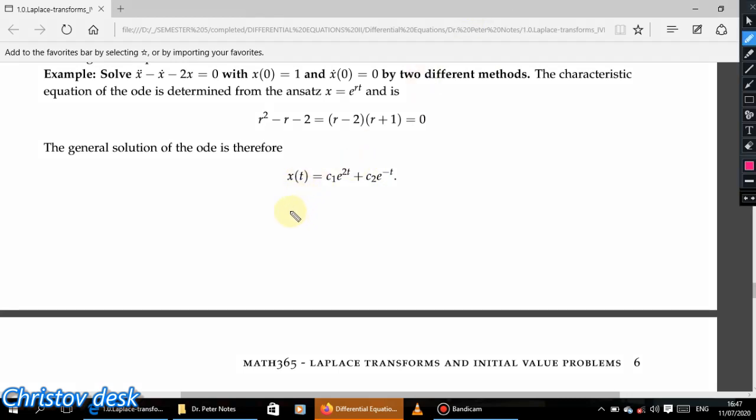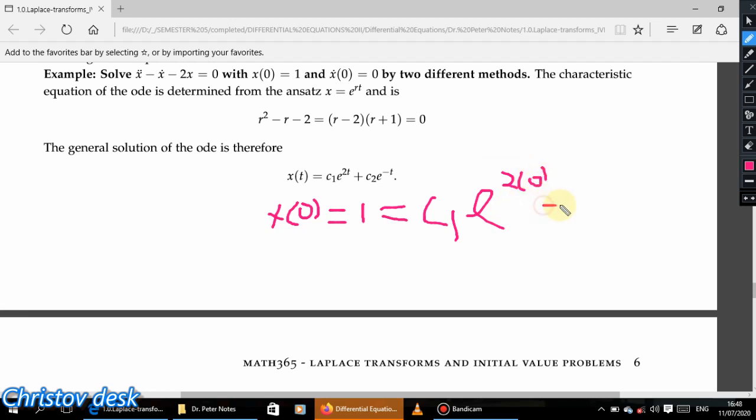So now you know that when you do x of 0, it has been given in the question that x of 0 is 1. Okay, so 1 is equal to, x of t, so t is 0, so wherever you see t, you put a 0 there. So you have c1 e raised to the power 2 times 0, isn't it? All right.